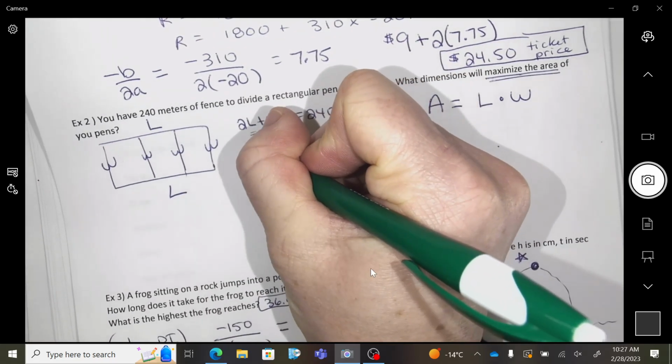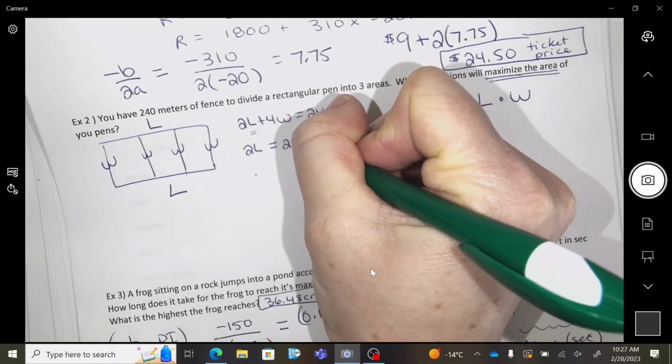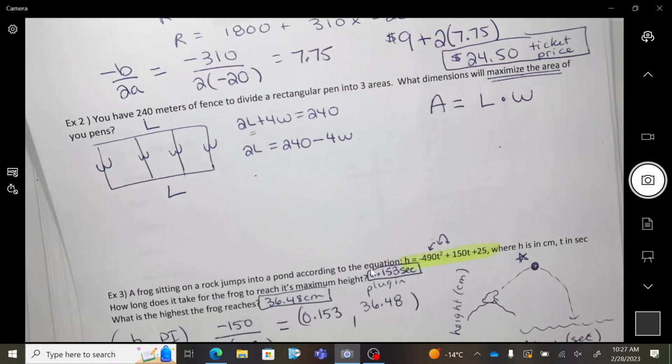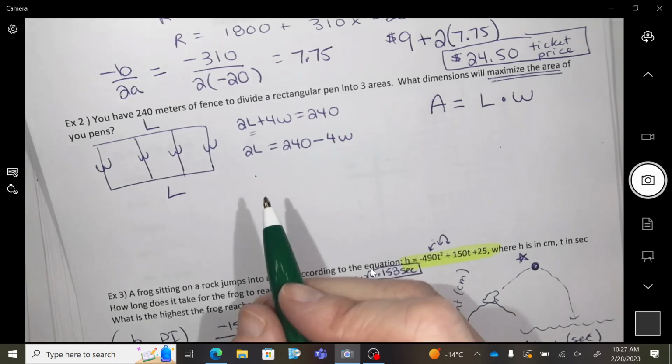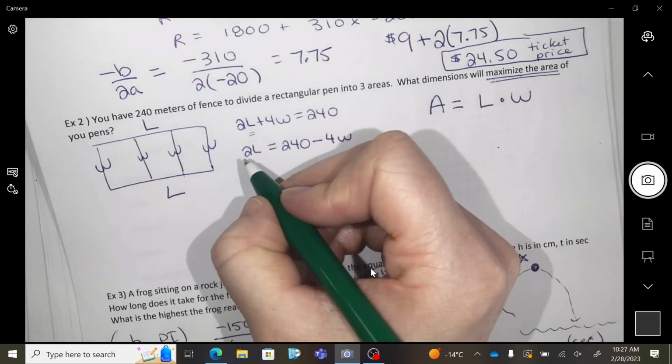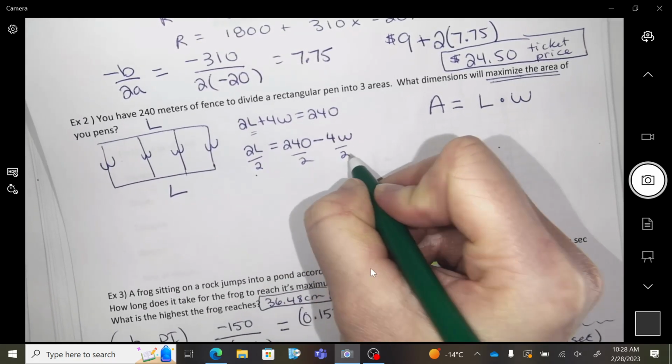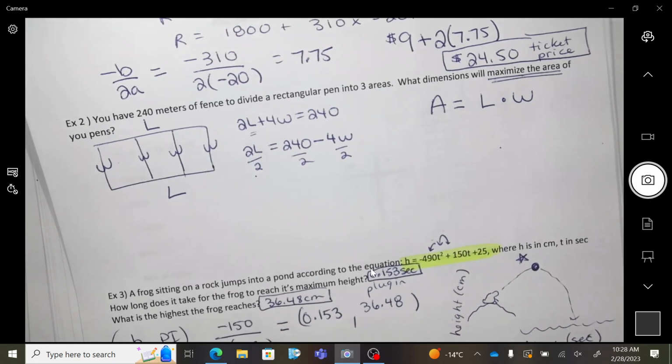So I'm going to go 2L equals 240 minus 4W. Does that make sense? I moved the W over. This is isolation stuff. And then how else do I get L alone? I would divide by 2. And when I say that, everything gets divided by 2, right?